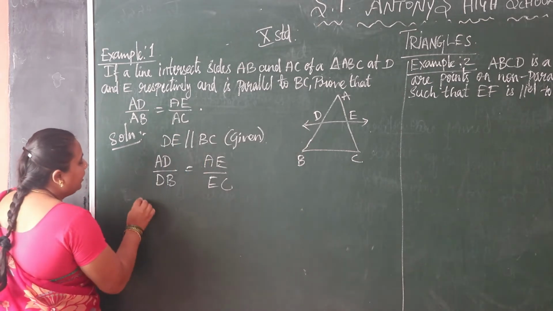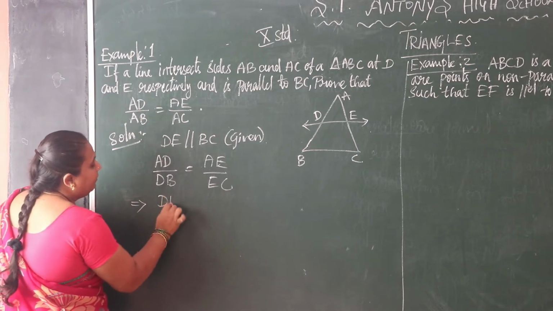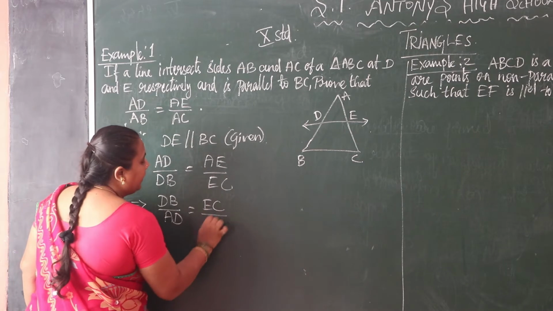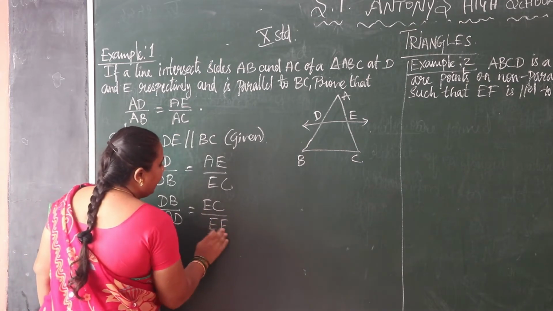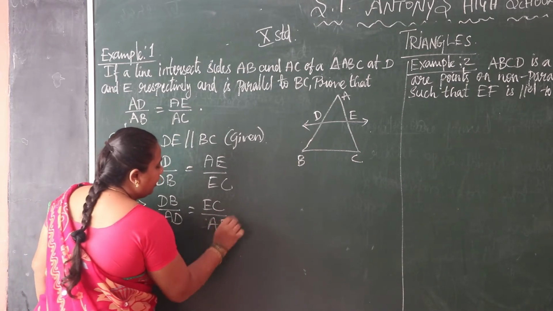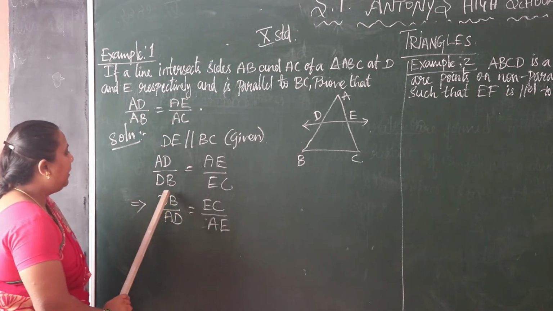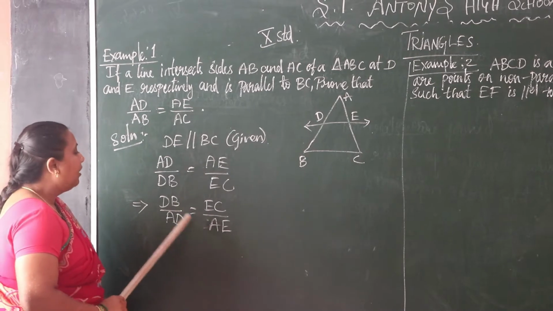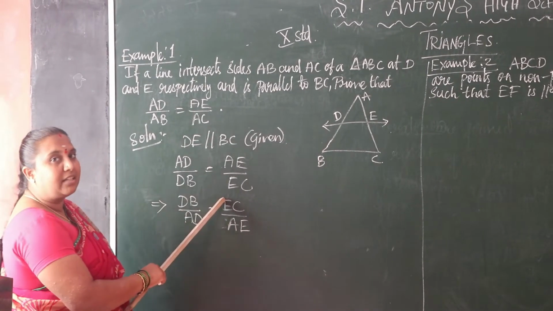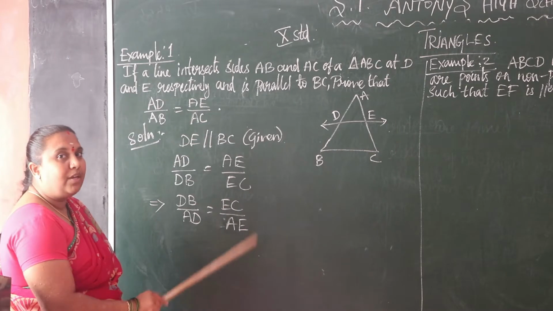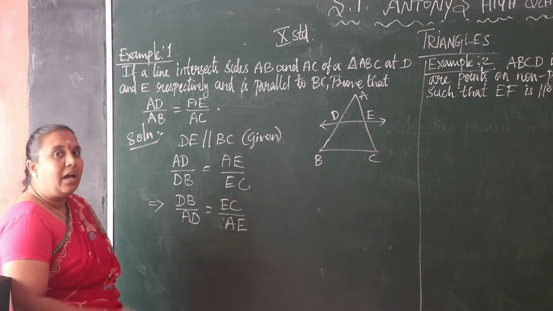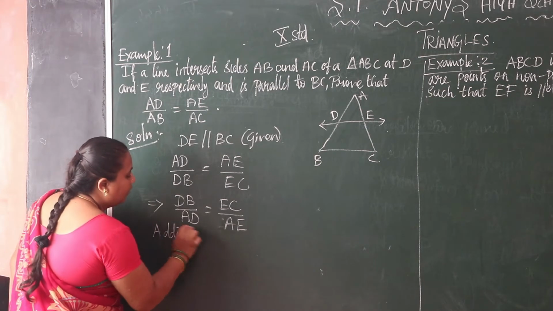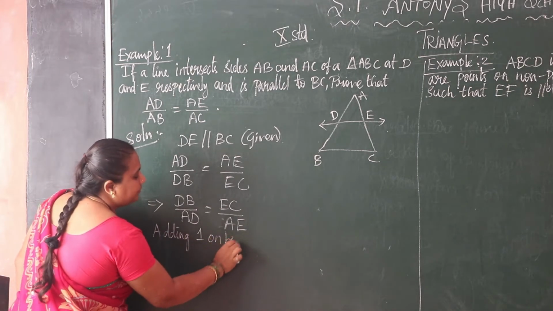Interchanging we get DB by AD equals EC by AE, and then we add one on both sides.